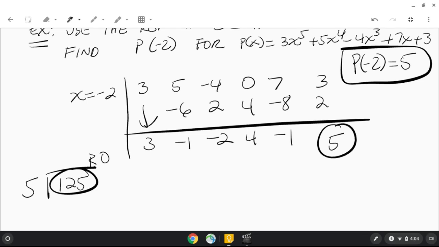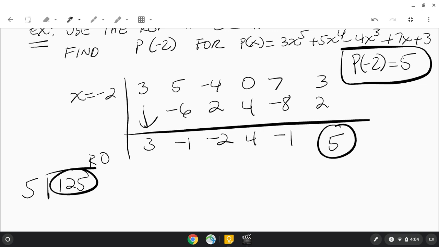So then I can rewrite 125 as 5 times something else, and not have a remainder.